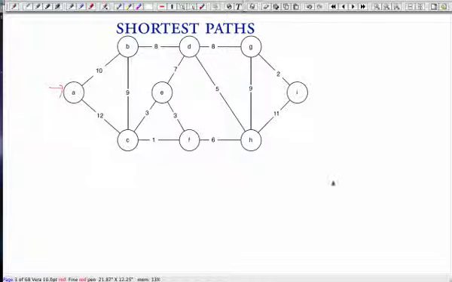In the case you were just looking for the shortest path to some particular node, you didn't care about the paths to the other nodes in this graph, you would still use this same algorithm and just terminate when you came to node G.